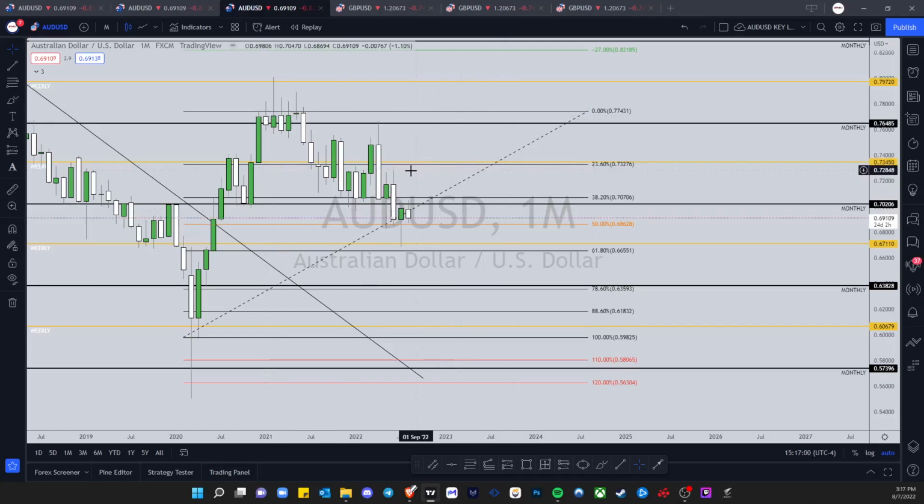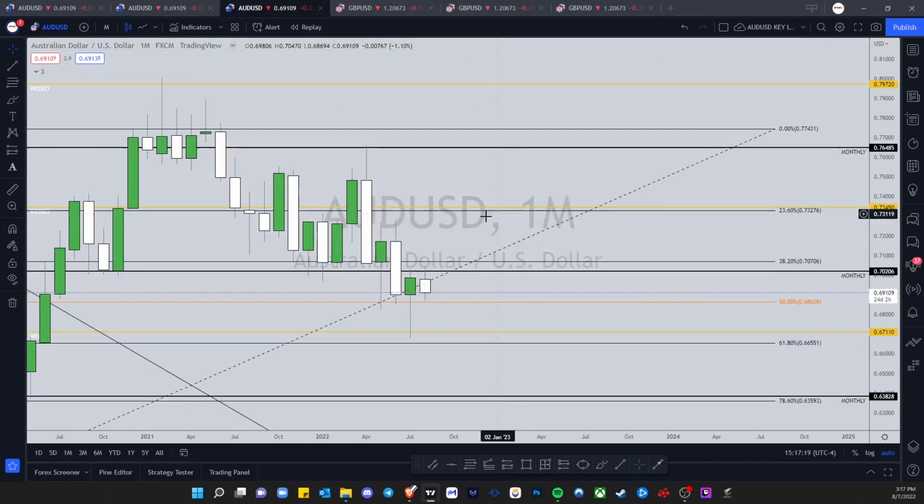Then it retraced down to around 38.2, between 38.2 and 50%. Right now it's also at the monthly key level, a little below it.